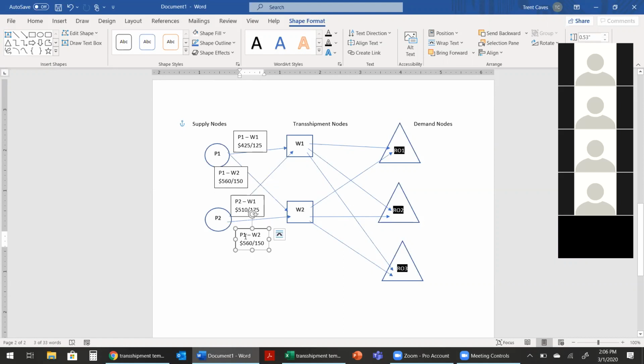And then plant 2 to warehouse 2. Is $600 and 200 units.